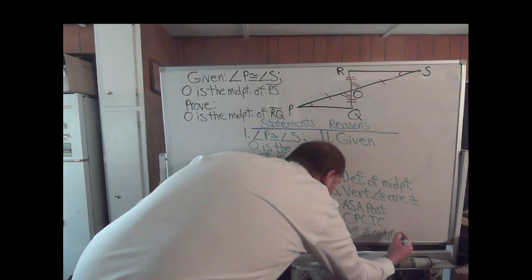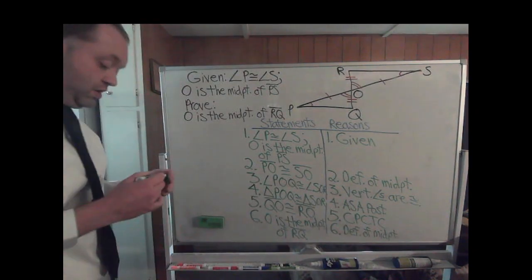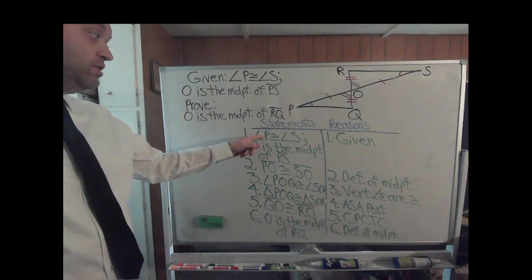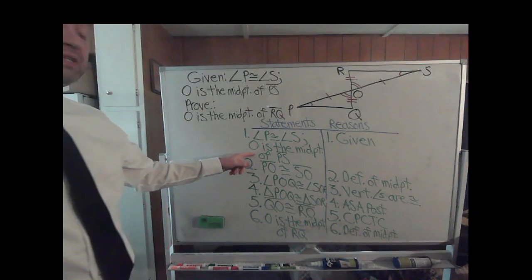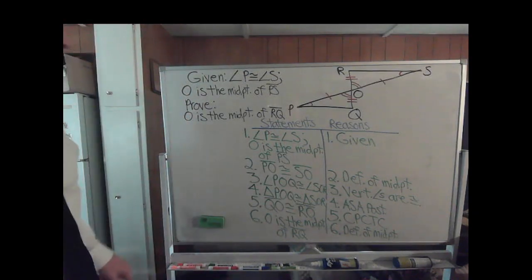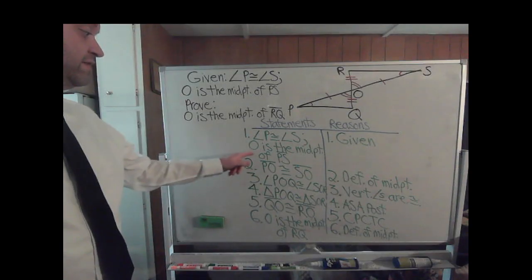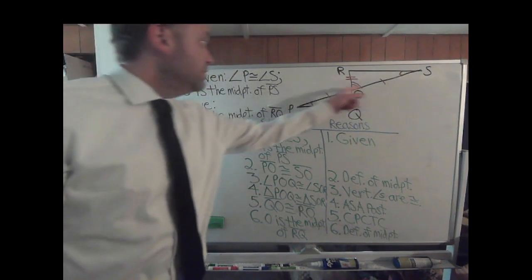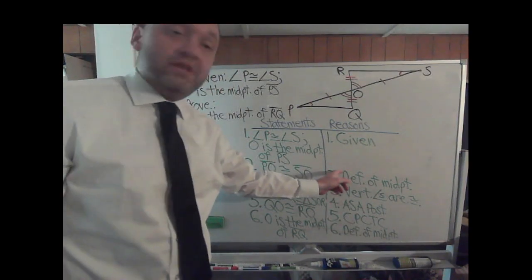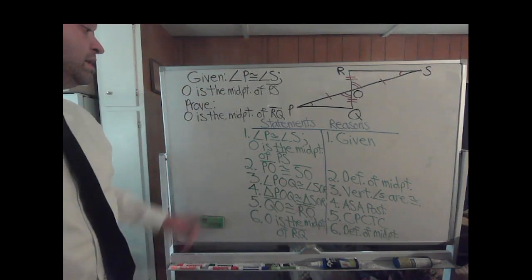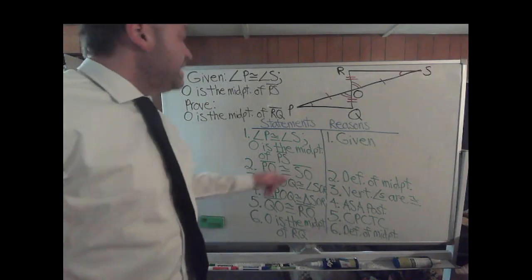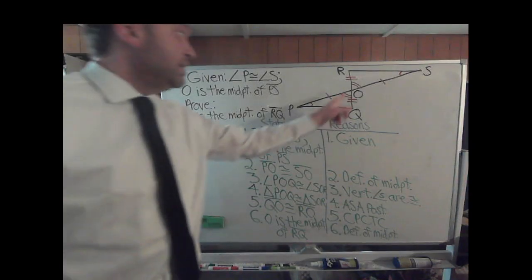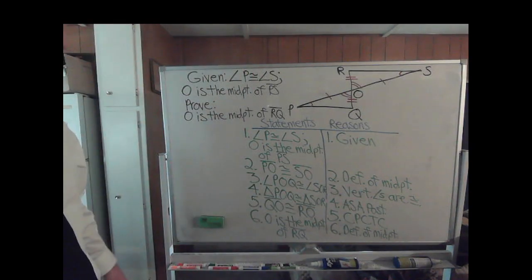I'll go through this proof here real quick about what we just did. So, start out with your given information that angle P is congruent to angle S and that O is the midpoint of PS. That was given to you. Then based on given information here, if O is the midpoint of PS, that would have to mean that PO is congruent to SO by the definition of midpoint. From there, we could see that angle POQ and angle SOR are congruent because vertical angles are congruent.